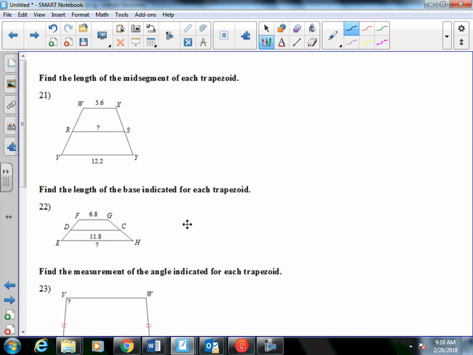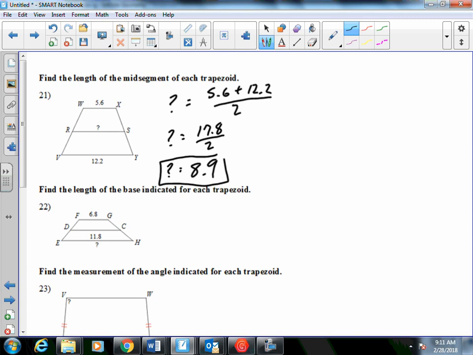So that question mark mid-segment, RS, is going to equal 5.6 plus 12.2 divided by 2, or 17.8 divided by 2. So 8.9 is going to be the length of that side.